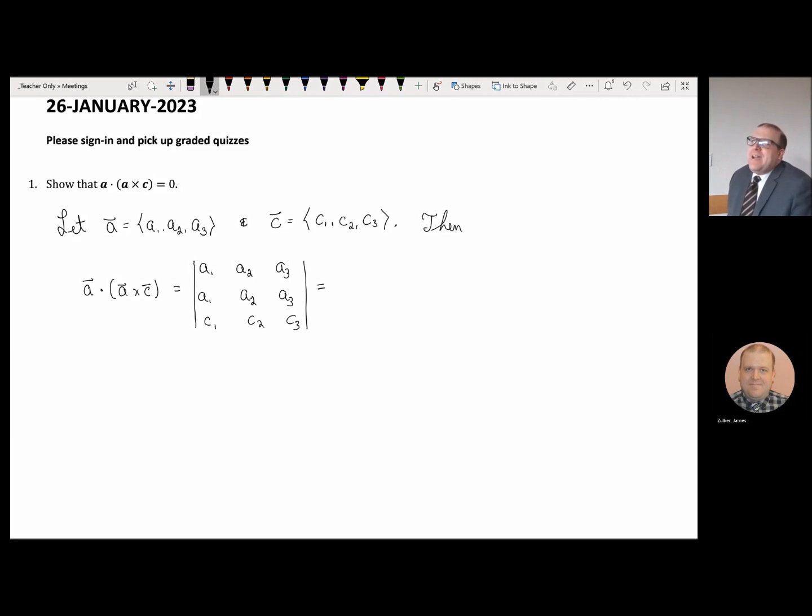The method I'm using is called cofactor expansion, which says I can expand along any row, any column, and then I just have to deal with the minors. For purposes of this course, I'm always going to expand across the first row. So take the first element in the first row, A1. You then cross out that row and that column.